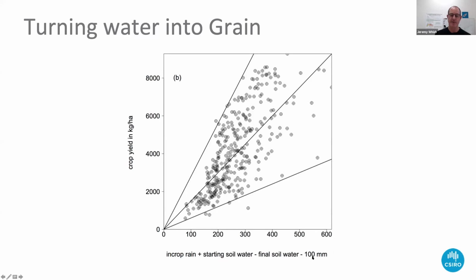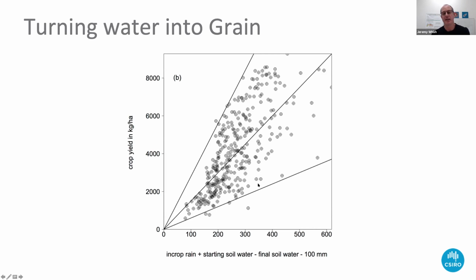Now, it's always debatable whether you subtract 100 mils or not. A lot of people say it doesn't make sense sometimes in the north, but you generally need about 100 mils to get a crop up to a point where it can start yielding. Some people describe that as evaporation, and evaporation will be mixed up in that calculation.